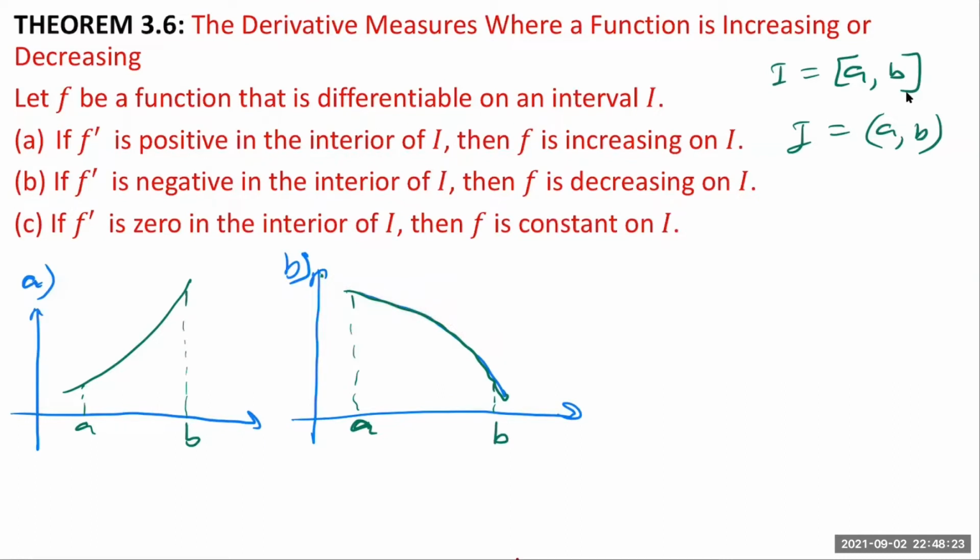So what is the characteristic here? If f prime is negative everywhere on this interval, your function is decreasing. It is going down. By the way, in this case also, this is the graph of the function y is equal to f of x.